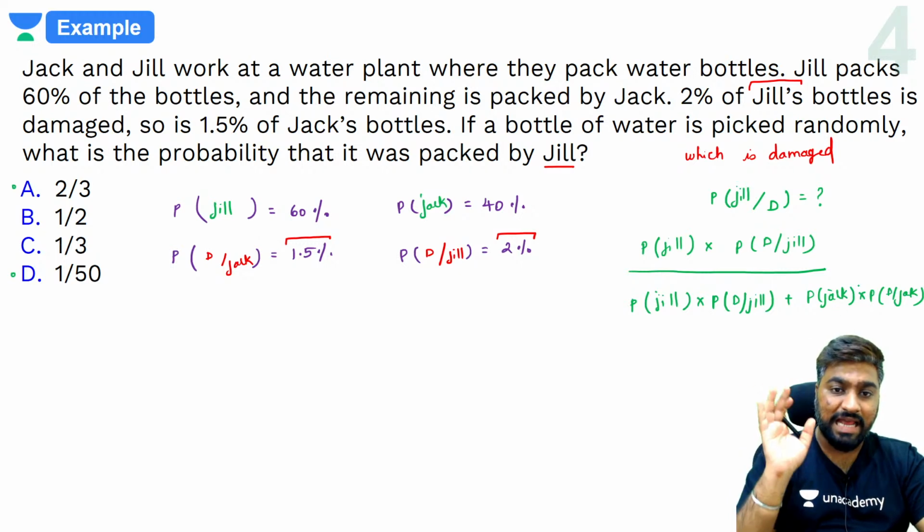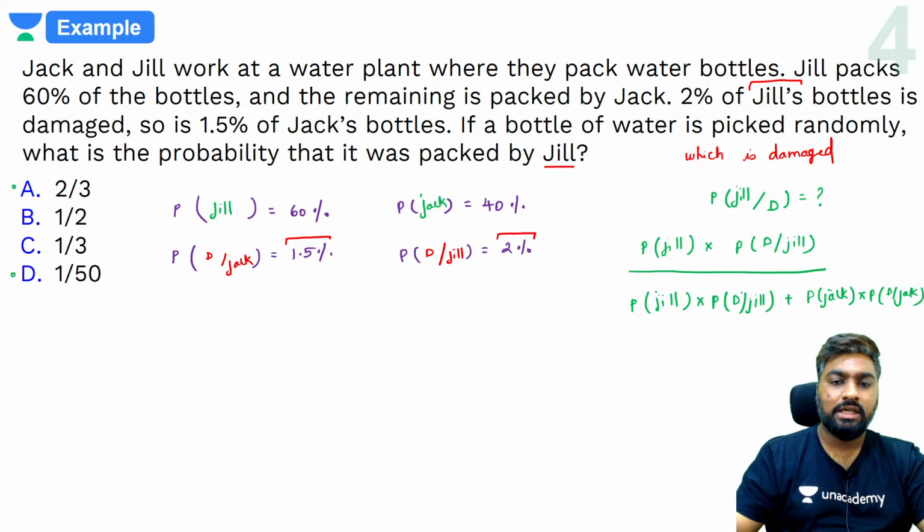We just want the damaged bottle. Jill's was asked, we don't need Jack's case. Okay?